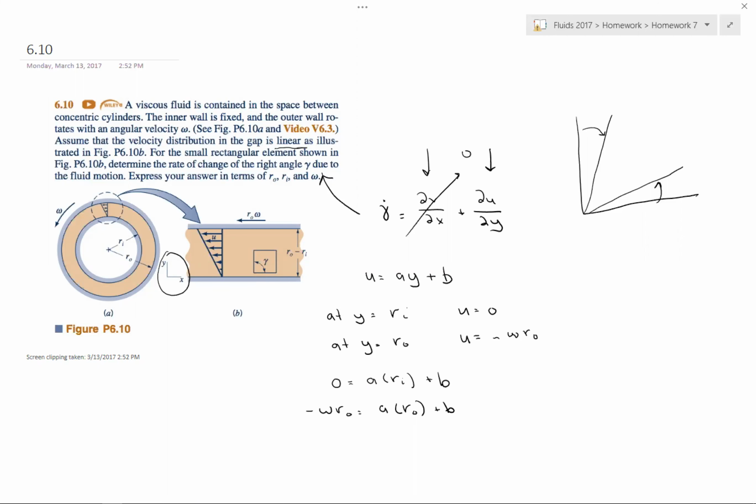The other thing we can do is take equation 2 and equation 1 and subtract 2 minus 1, and that gets rid of b. And so what that does is it allows us to solve for a.